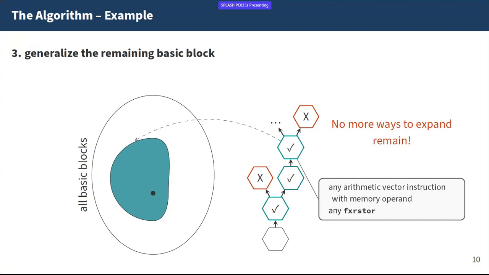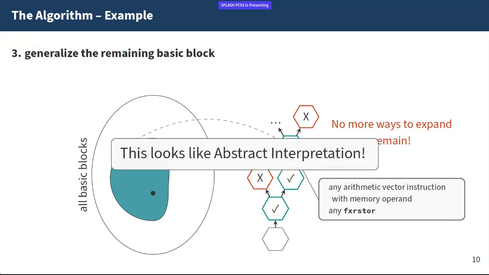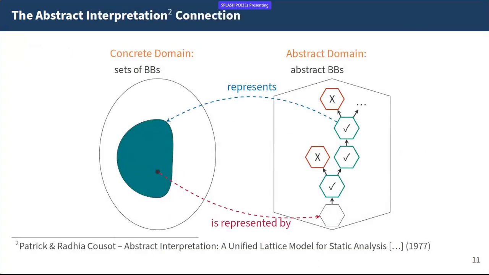Looking at the picture there, you might already have guessed the inspiration for this approach, because the setting looks quite a bit like abstract interpretation. What we have are two domains, a concrete domain and an abstract domain. Contrary to the usual case, the concrete domain contains sets of basic blocks instead of sets of program behaviors.